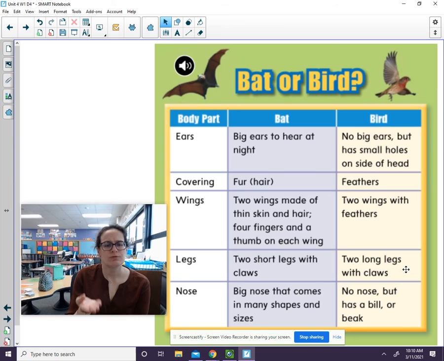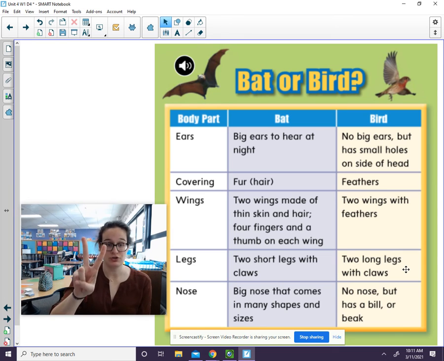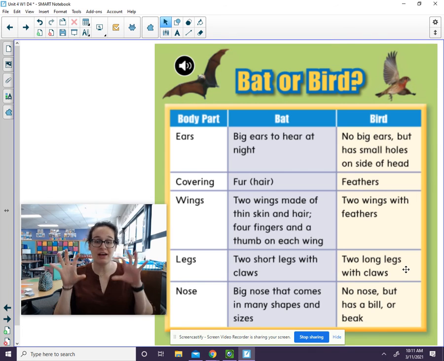Okay, first, tell me some things that are the same between the bat and the bird with their legs. There's two different things. They both have two legs, and they both have claws on their legs.